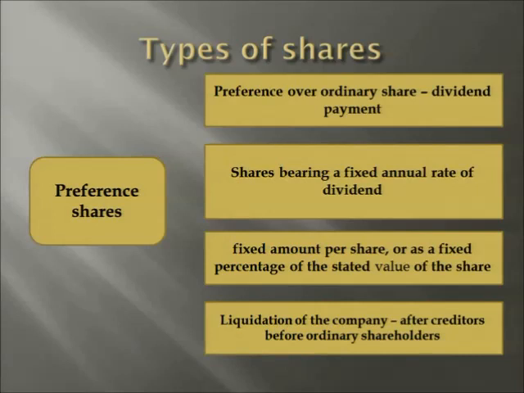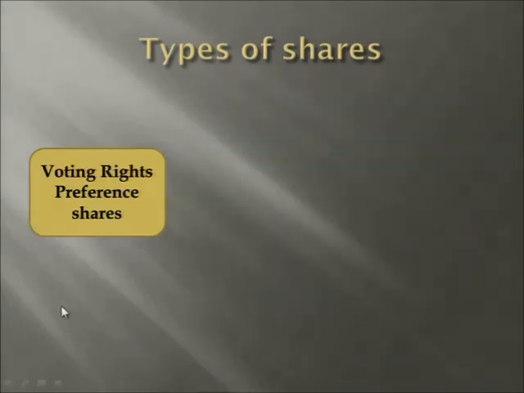Preference shares will be the first to be considered immediately after paying the creditors. Creditors will be given preference, but preference shares are the first to receive immediately after creditors have been paid. So that is basically the advantage over the ordinary shares.